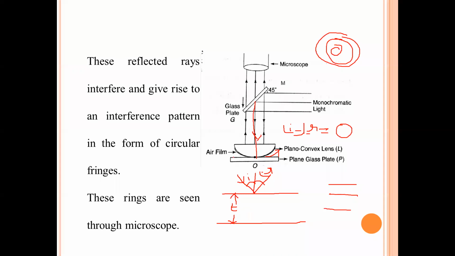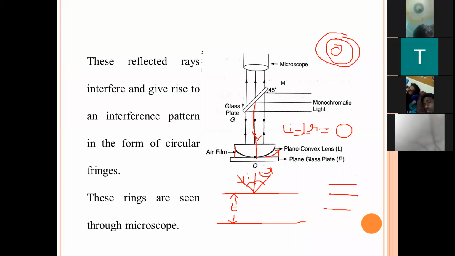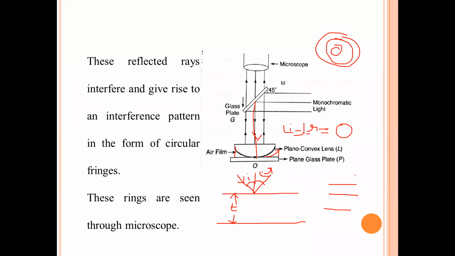The second point is, the thickness between the plano convex lens and the glass plate gradually increases, whereas in interference in thin films, the thickness is the same throughout. So due to these two conditions, in Newton's rings, dark and bright rings are formed, and in interference in thin films, dark and bright fringes are formed.